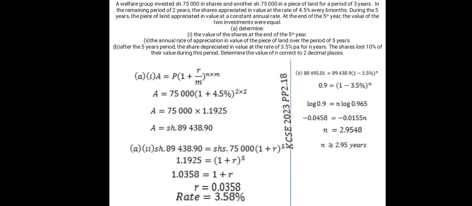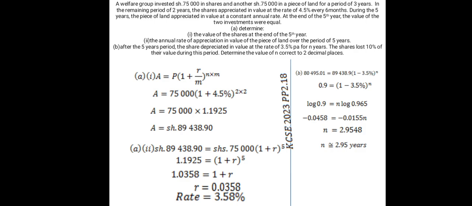A welfare group invested 75,000 in shares and another 75,000 in a piece of land for a period of 3 years. In the remaining period of 2 years, the shares appreciated in value at the rate of 4.5% every 6 months.